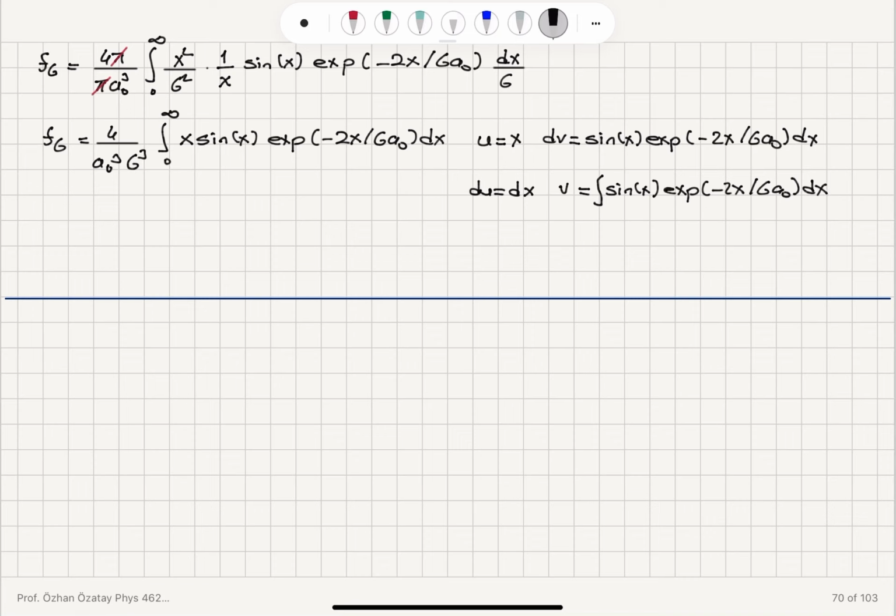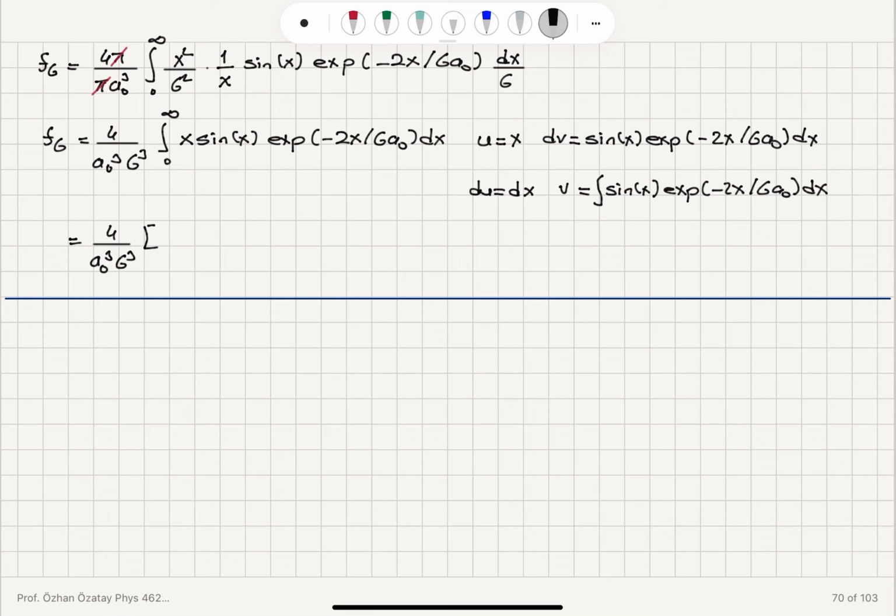With that substitution, the atomic form factor becomes 4 divided by a0³g³ times integration by parts, uv minus the integral of v du.